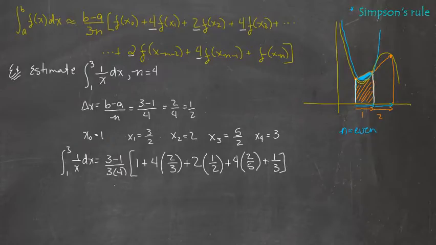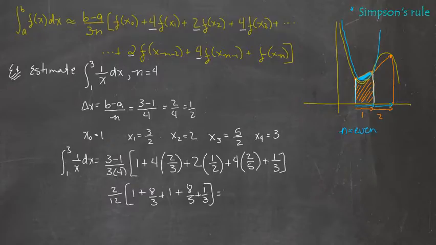Okay, so 3 minus 1 is 2, divided by 3 times 4 is 12, and 1 plus 8/3 plus 1, 2 times 1/2 is 1, plus 4 times 2 is 8/5 this time, plus 1/3.